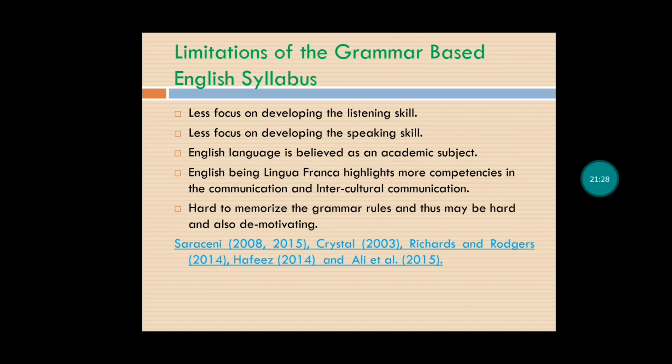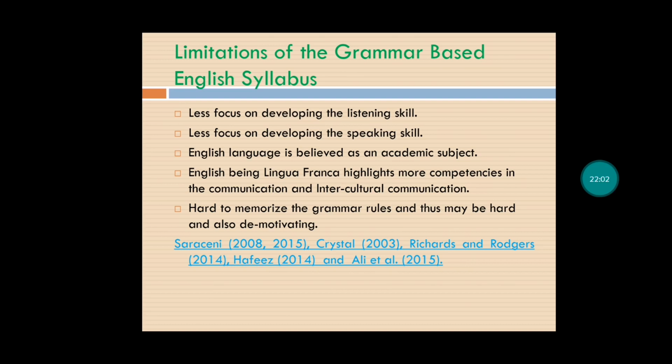Very recent resources highlight the limitations of grammar-based syllabuses: Mario Saraceni 2008 and 2015, who highlighted that English is a world language, usually called World Englishes; Crystal, English as a global language; and Richards and Rogers, who in detail highlighted the different approaches and their strengths and weaknesses, including of grammar-based English syllabuses.